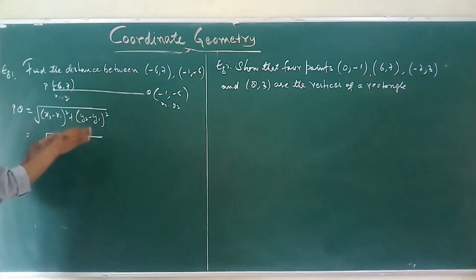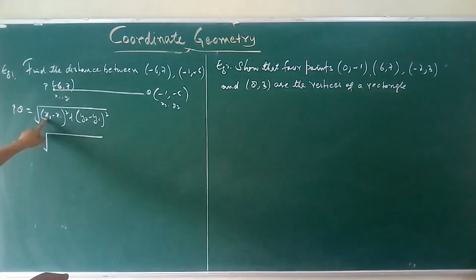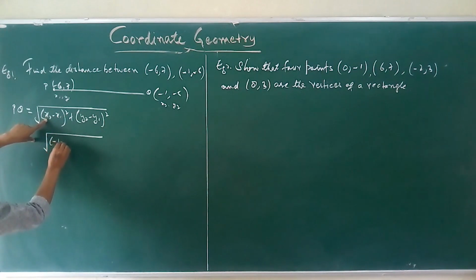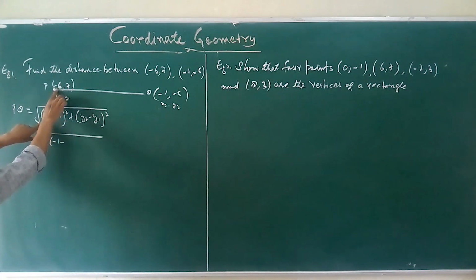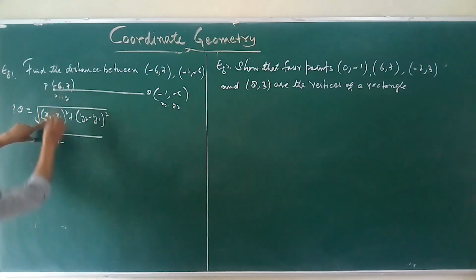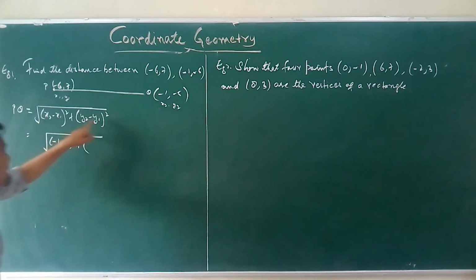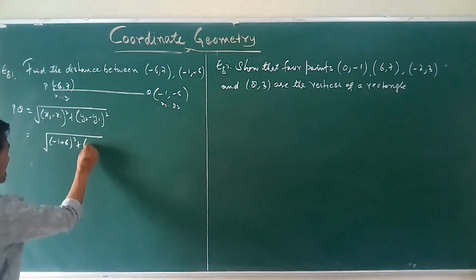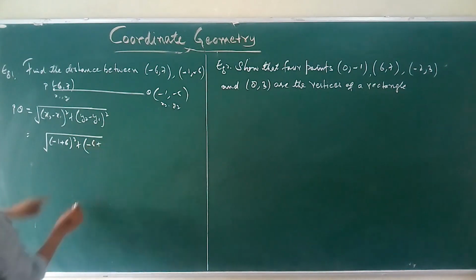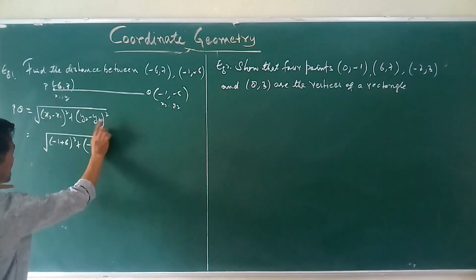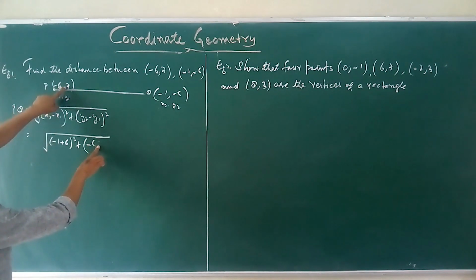Just put the values of x1, y1, x2, y2. x2 is negative 1, x1 is negative 6, so negative 1 minus negative 6 gives positive 5, and whole square, plus y2 minus y1, negative 5. Okay, that's our formula.